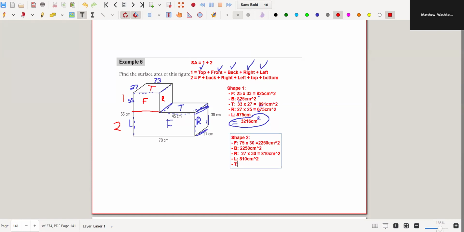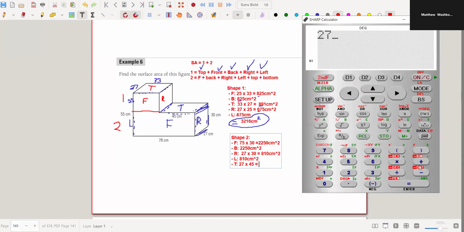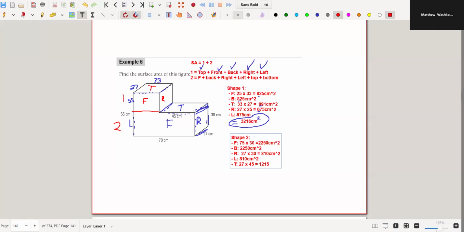Top. So the top, well, this line here where my mouse is is 27, and this one here is 45. So it's 27 times 45, which is 1,215 centimeters squared. Bottom, I'm putting BO here. Is the bottom going to be the same as the top? No, the bottom's different.